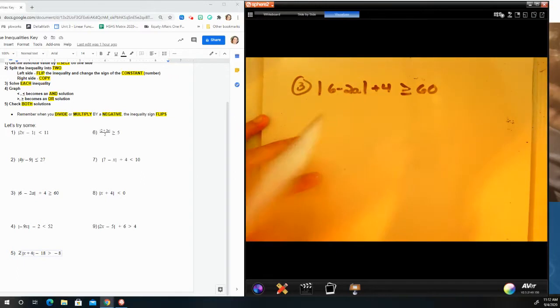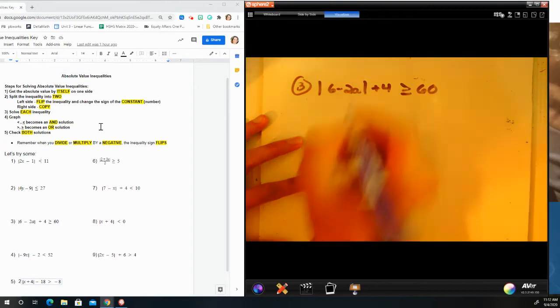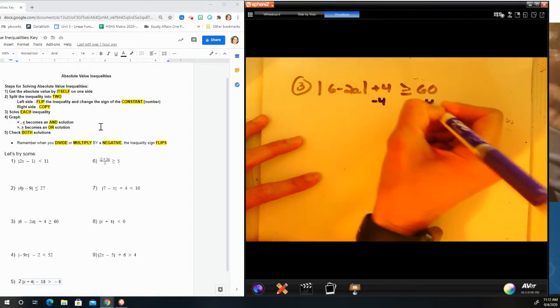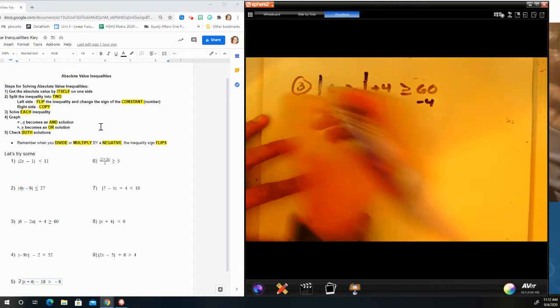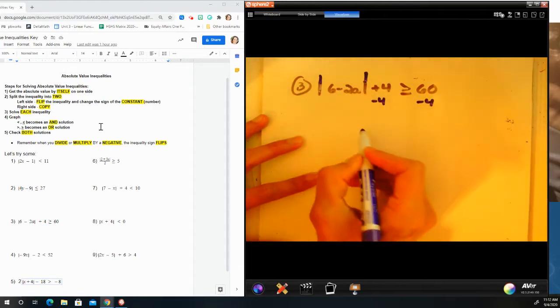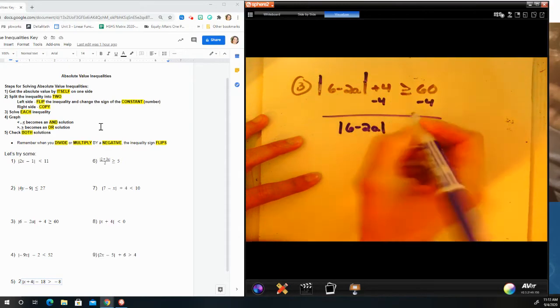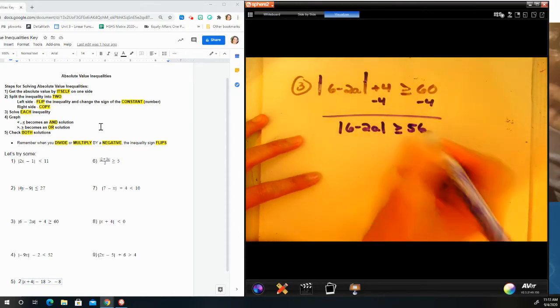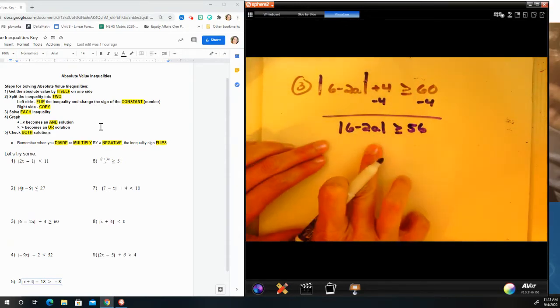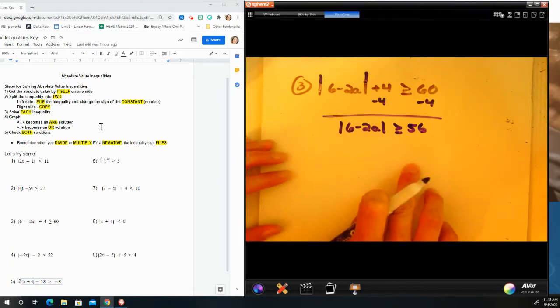Step 1, we want to make sure we get the absolute value by itself. So I want to subtract this 4 because it's outside of these bars, so it's got to move before I split it. That's really important, and that's a big common mistake from a lot of kids. So I get 56. Now I have my absolute value all by itself, so I can split it in 2.